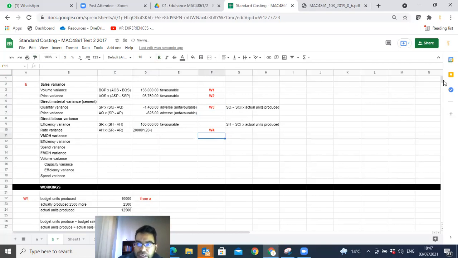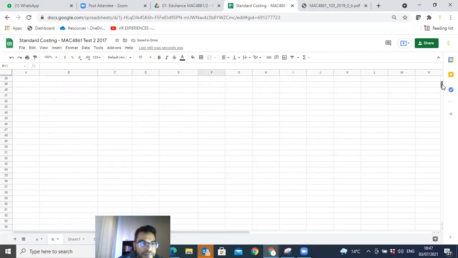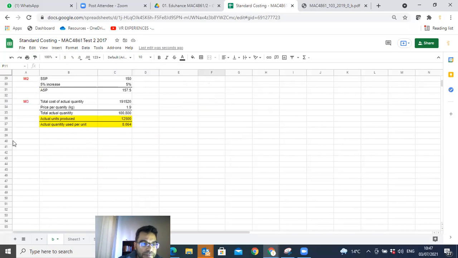Working for the actual rate: total actual labor costs, 530. You just check it by using the right number, 530.